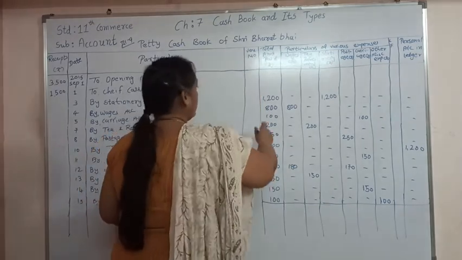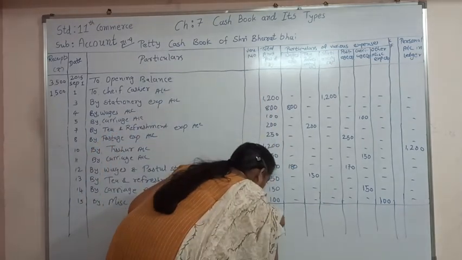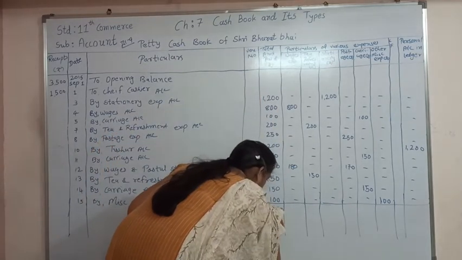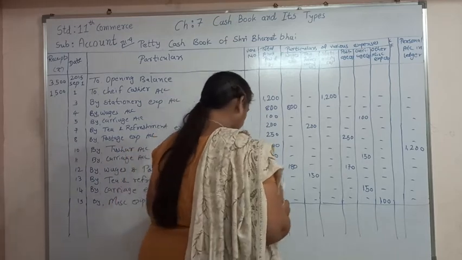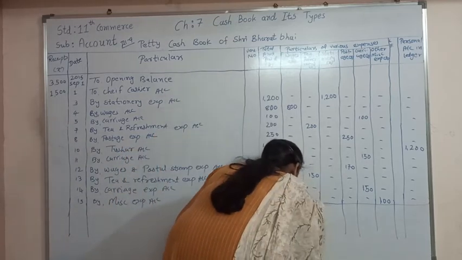So here the total of this expense will be 4,650, and here it will be 980.